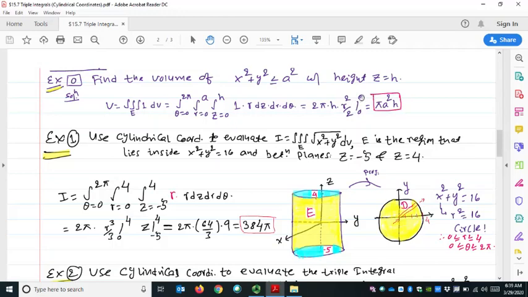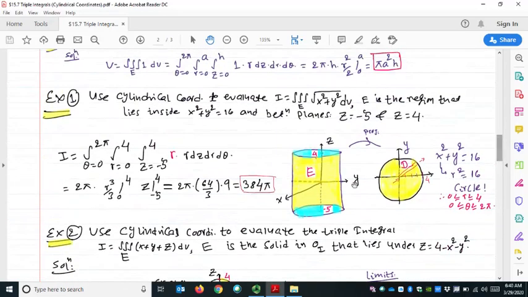Put r equals a, cancel this 2, and our final answer is pi a squared times 8. So we found the volume of a cylinder with height 8 using triple integrals in cylindrical coordinates, which we already knew: pi radius squared times height. Awesome. Let's move on.